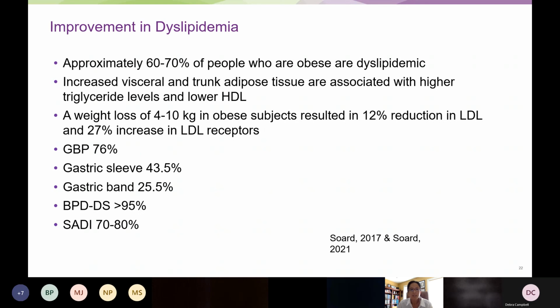When we look at dyslipidemia and weight loss surgery, really the best surgery to help get rid of it is the biliopancreatic diversion at over 95% resolution. The SADI helps in about 70 to 80%, gastric bypass in over 75%. Gastric sleeve is a little bit less because there's no malabsorption, 43%. And gastric band is the least effective out of all the surgeries at 25%. Next slide.